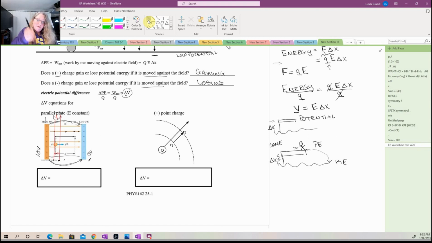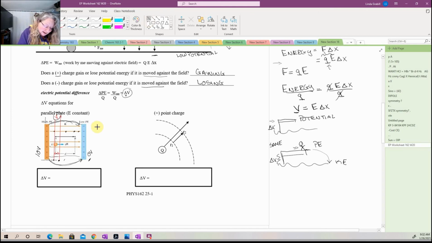I'd go 10, 9, 8, 7, all the way down to 0. So I'd lose 1 each time for each little space that I measure until I get to 0, and those spaces between the differences are evenly spaced. So I have a very linear change.